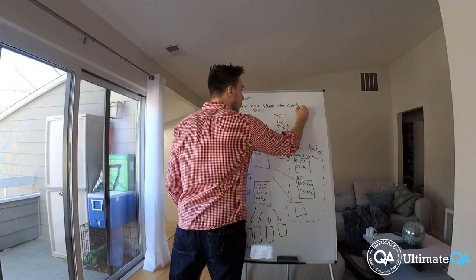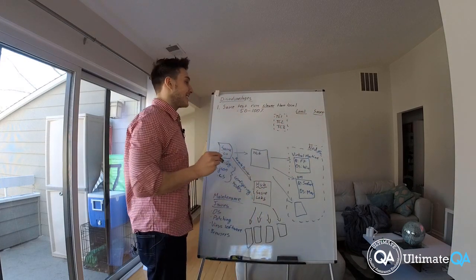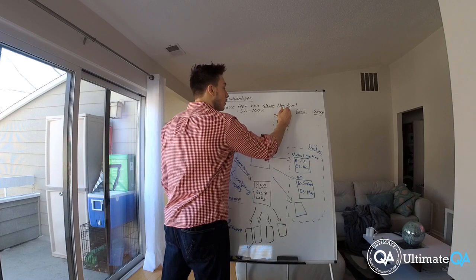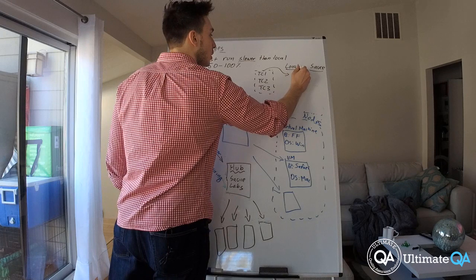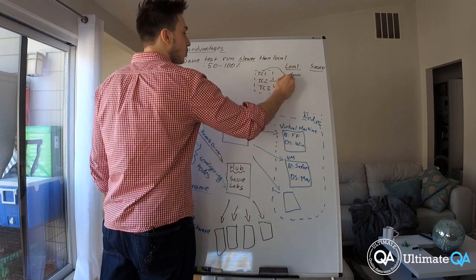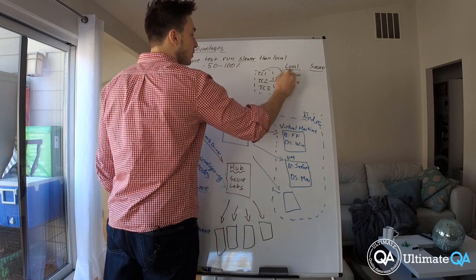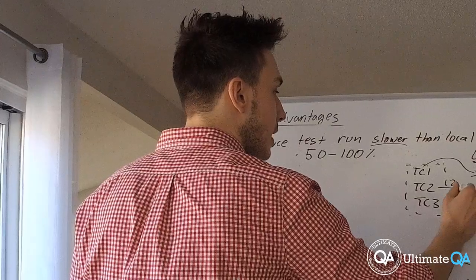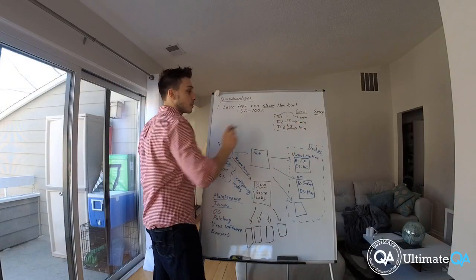Let me do local here, and Sauce. If you're running locally, you run the first test, which takes 1 minute. We're assuming all of these tests take 1 minute. Then you execute test number 2, which takes 1 minute once the first test finishes. And then test number 3 runs as soon as test number 2 finishes.